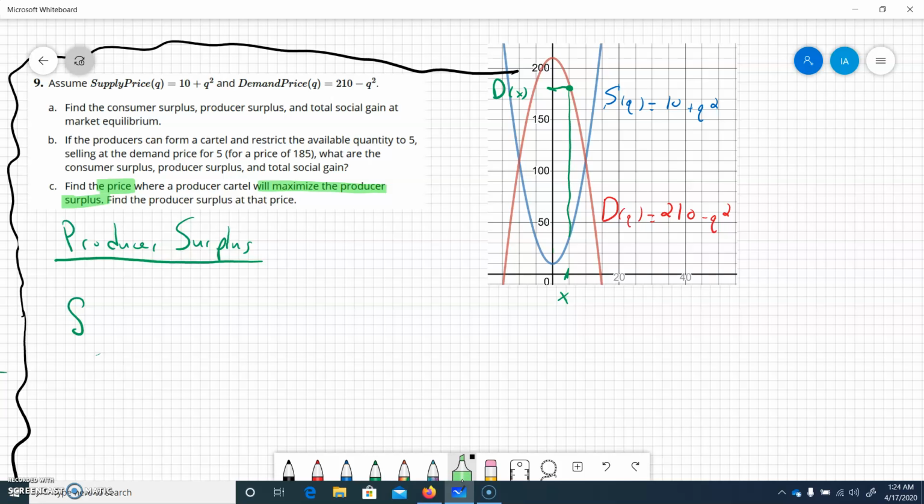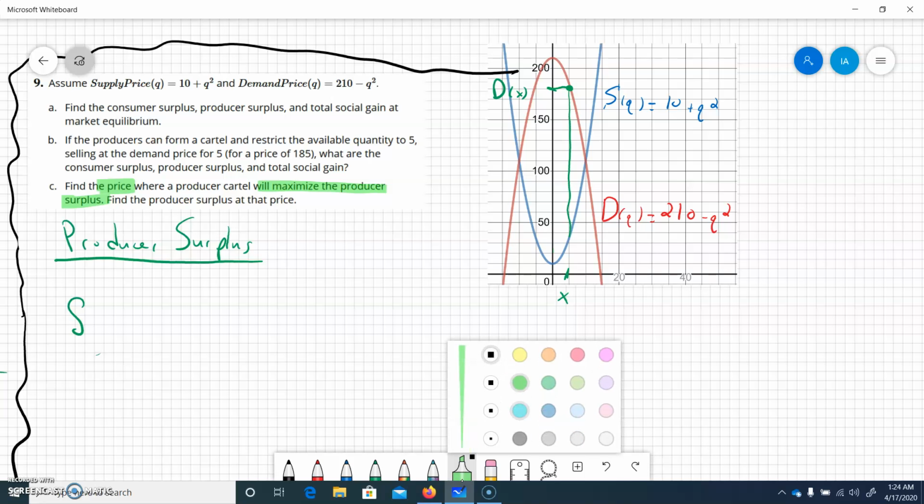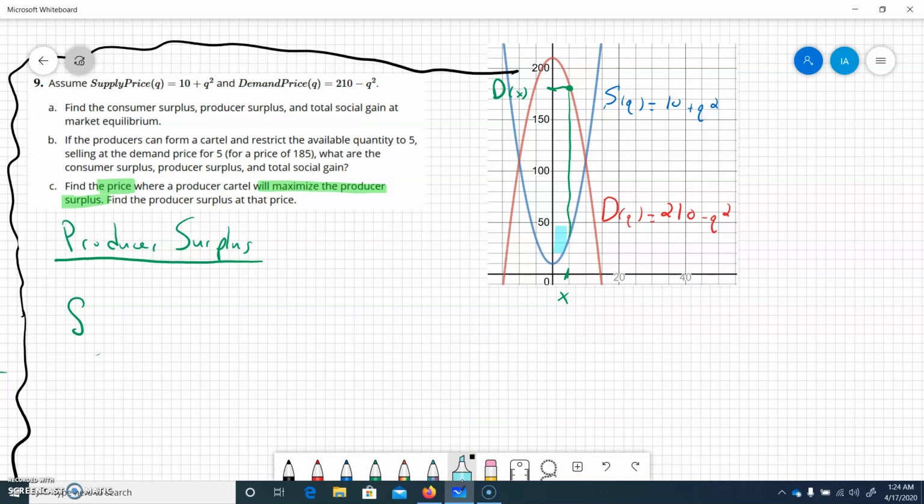So this up here is producer surplus. Okay, they're charging this high price based on the demand, but it's all extra money that the producer is making. So let's set up that equation.